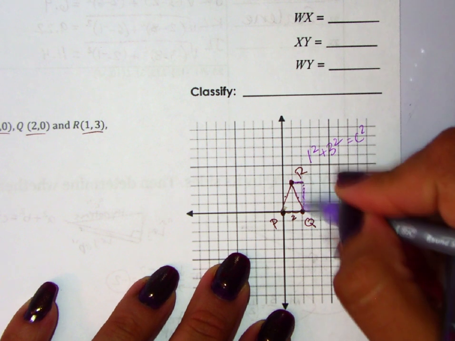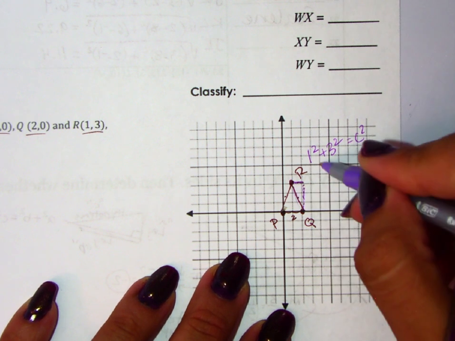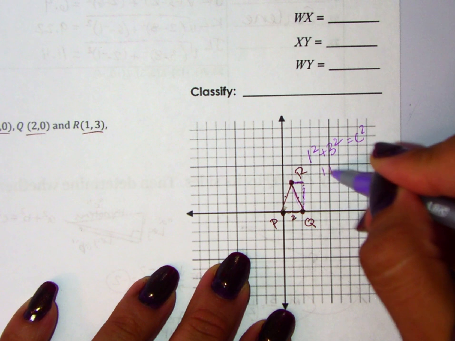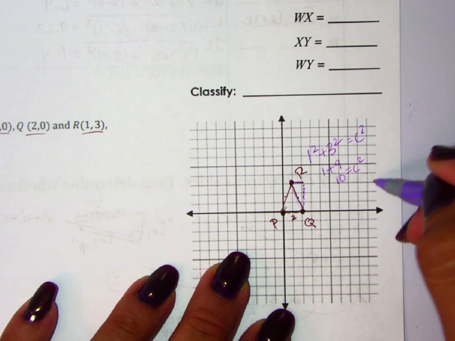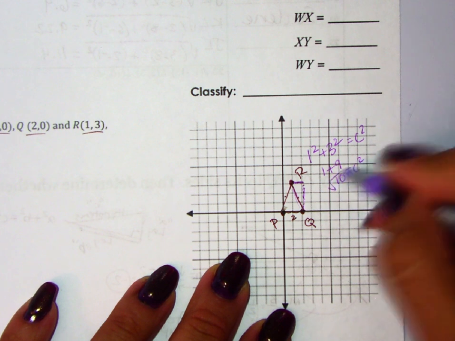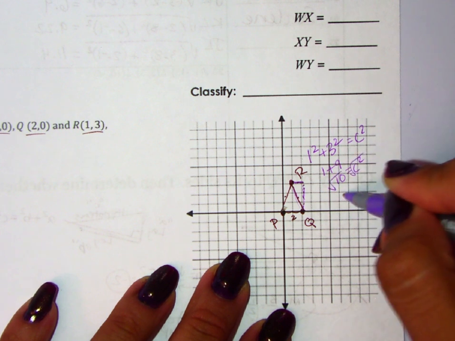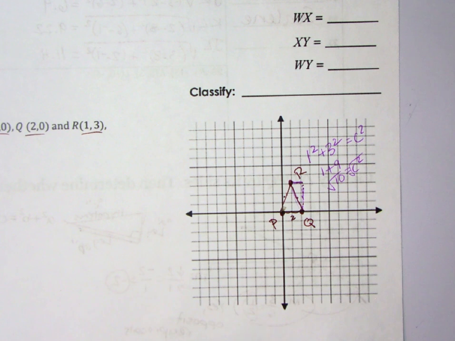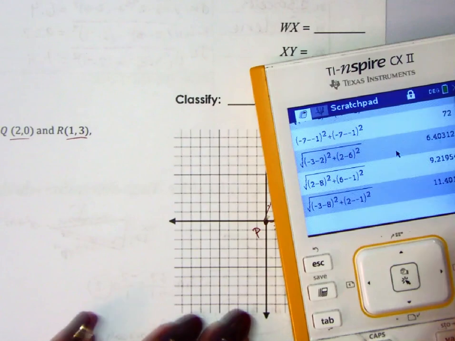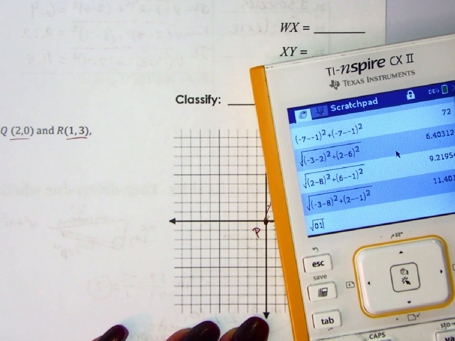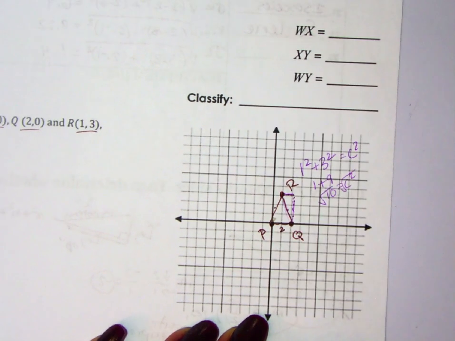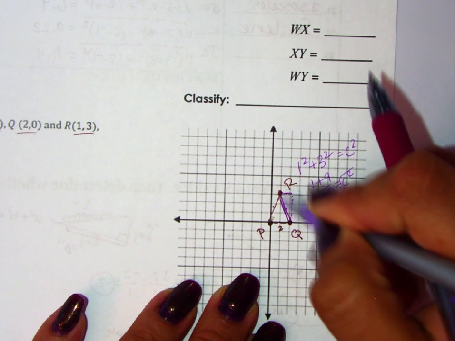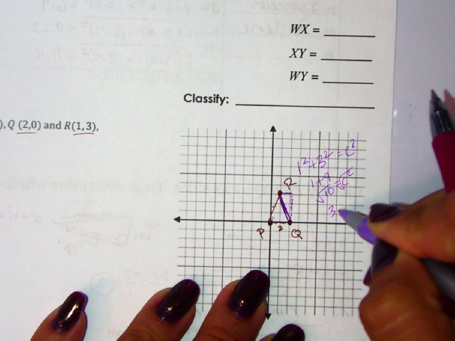We don't know what C is, that's what we're finding. So 1 squared plus 3 squared, that's 1 plus 9, and then that's 10. 10 equals C squared. So to find C, we will have to do the square root of that. So square root of 10 is C. On a calculator, we just type square root of 10. It is 3.16. So this distance right here, it's 3.16.